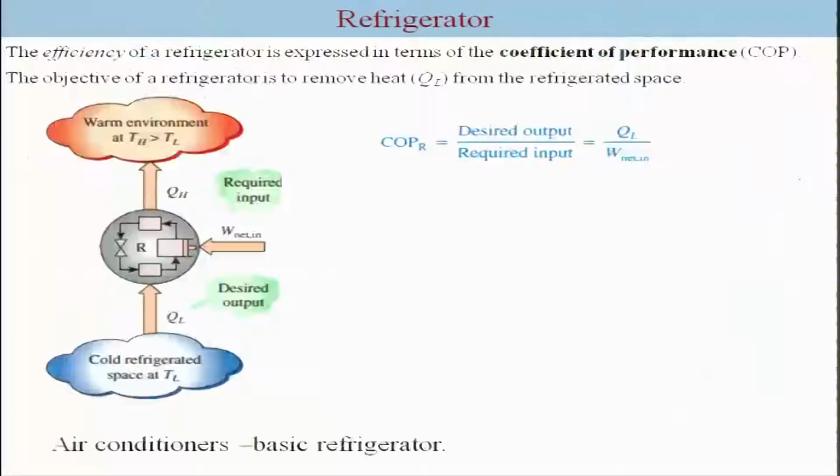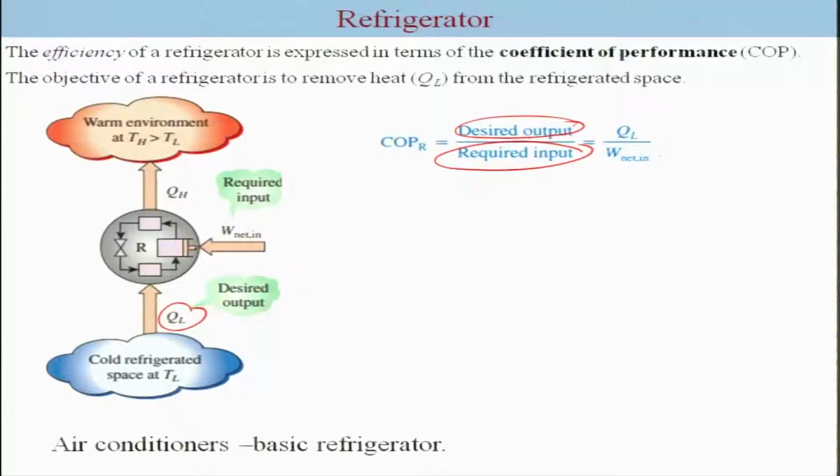Okay. To define the efficiency, we use the coefficient of performance, which is nothing but the ratio of the desired output to the required input. For the case of a refrigerator, what is the desired output? It is the amount of heat which is being removed from the cold space in order to maintain the temperature. So, QL becomes the desired output, divided by the required input, which is W net in.